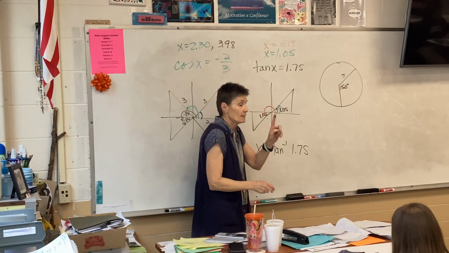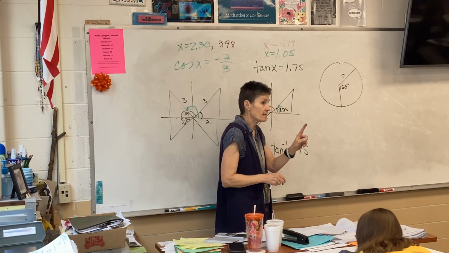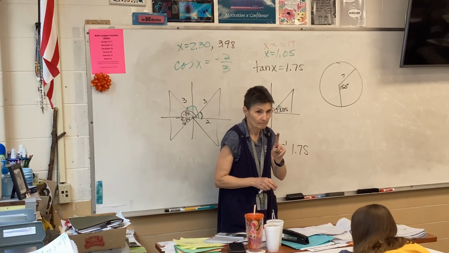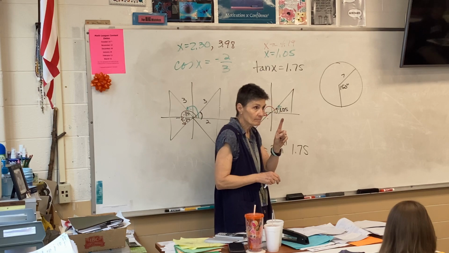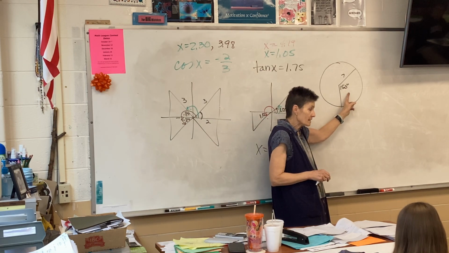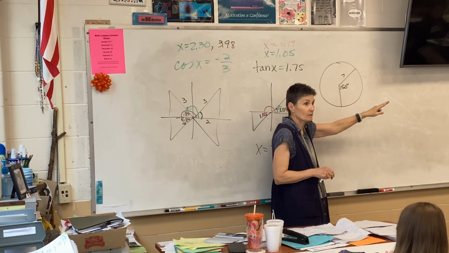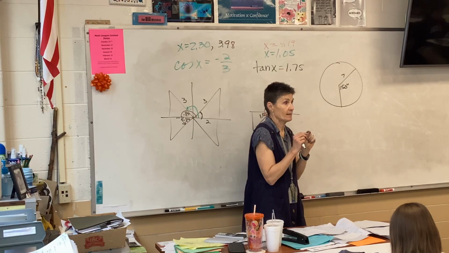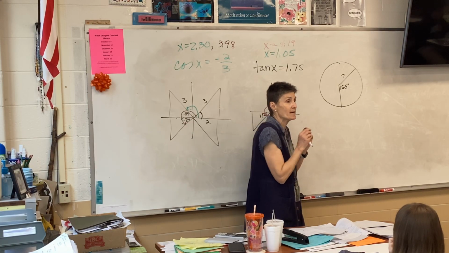Now, if the question said, find the arc length, then I would have to change this into radians and do whatever that is times 7, and that would be my arc length. But this doesn't say arc length. It says find the area of the shaded.